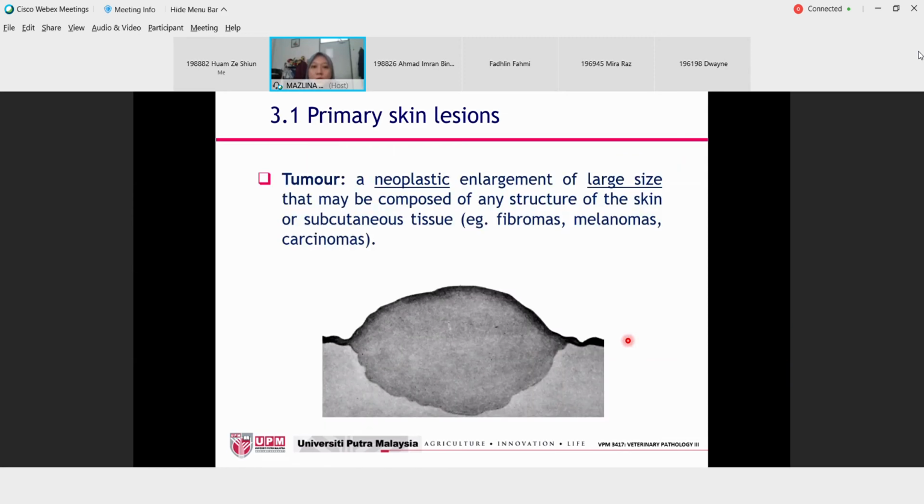Tumor is definitely neoplastic enlargement, usually very large in size, and can be composed of any structure of the skin or subcutaneous tissue. The skin has different layers, and there are many structures in the skin. So if it's fat tissue, what do you call a tumor of the fat tissue? This is going back to your Pathology 1, neoplasia.